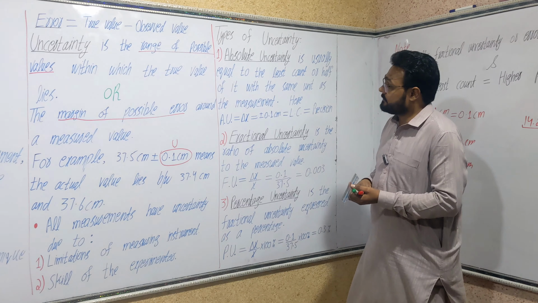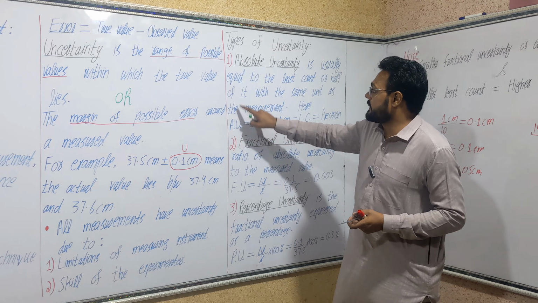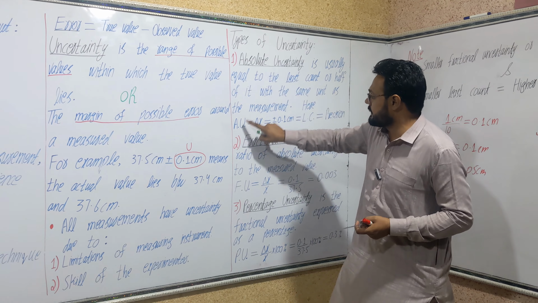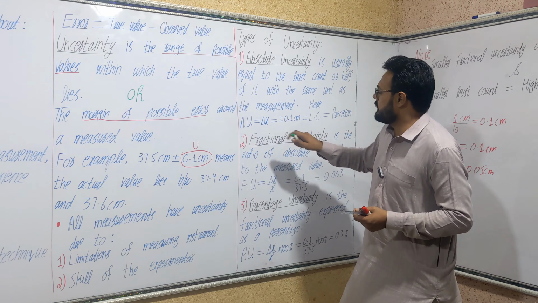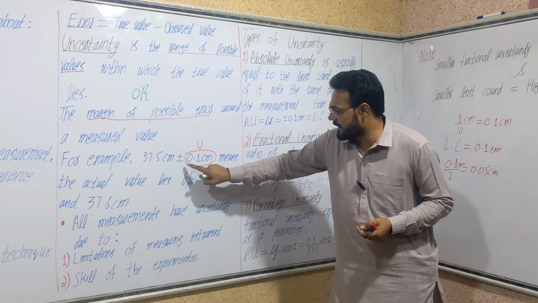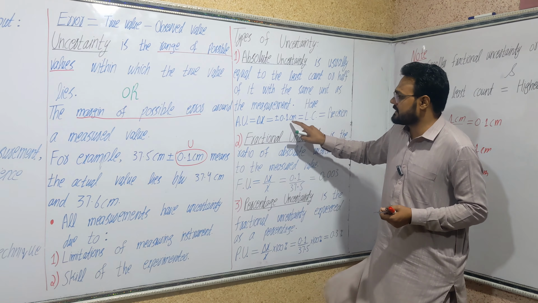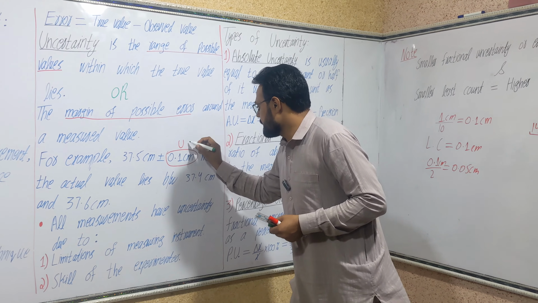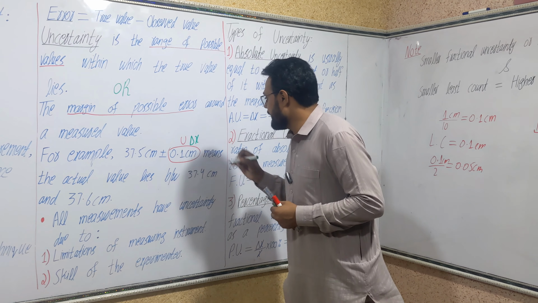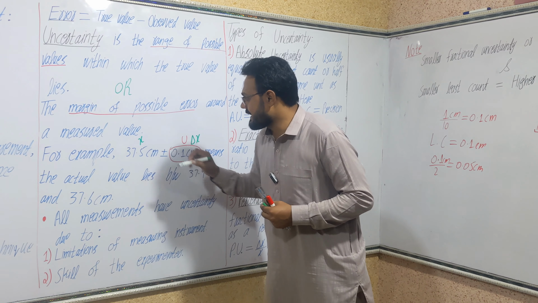Now, look here. Absolute uncertainty is denoted by del x. This is the absolute uncertainty, plus minus 0.1 centimeter, and the measured value is represented by x.